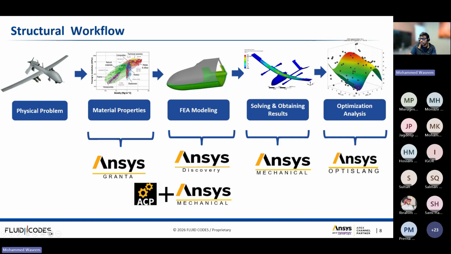One of the key pillars in this workflow is material selection. Again, with UAV composite structures, we don't always have complete or reliable material properties, right? So we use ANSYS Granta to validate and select the right material property before we perform the FEA and the optimization.